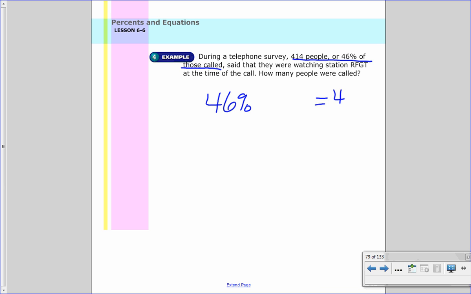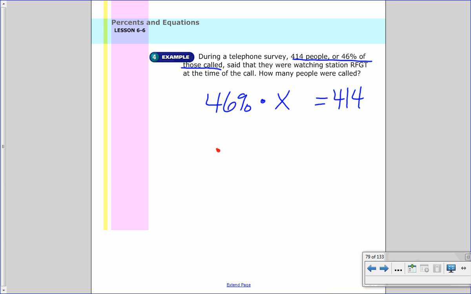So that 414 is what it equals, because we need to find 46% of the whole. Here we have 46% times x. If you take that whole number times 46%, 46% of it is 414. So we need to solve this in order to get all the people called.